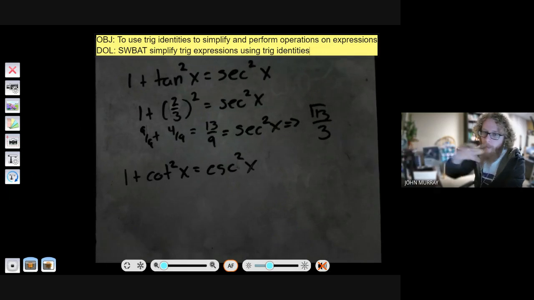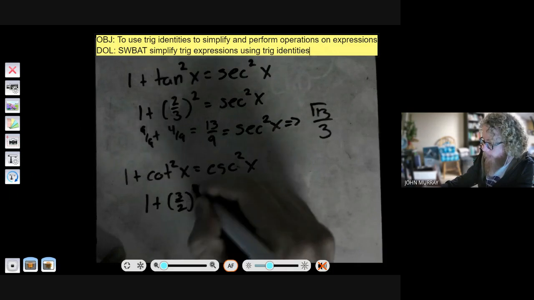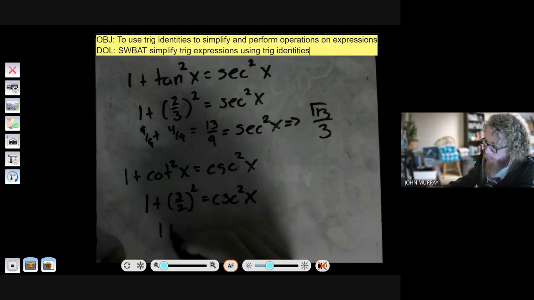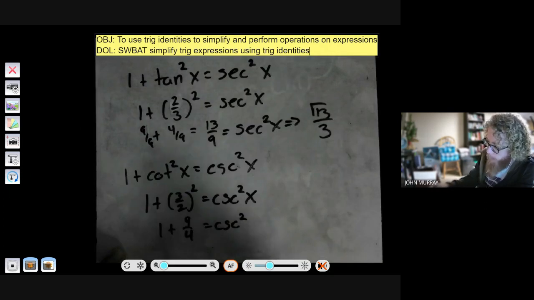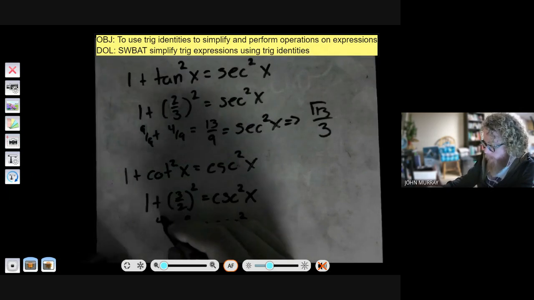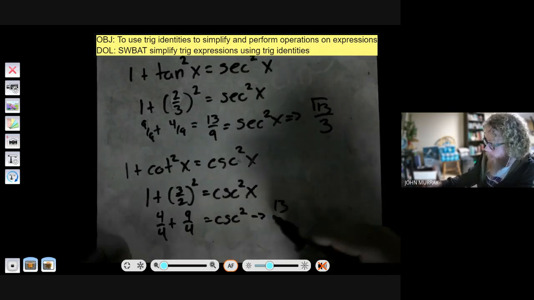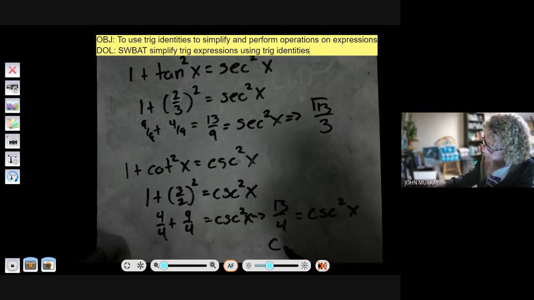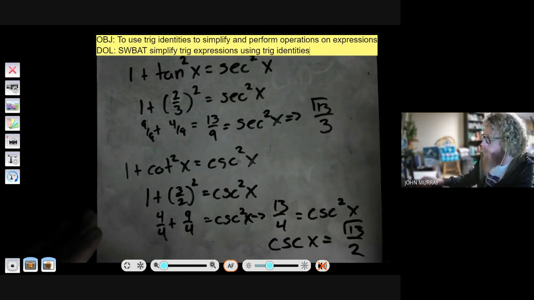Okay, anyway, cotangent we know from before is 3/2, right? So we have 1 plus 9/4 equals cosecant squared. Now again, we're going to get a 13, but now doing the common denominator, we get 13 over 4 equals cosecant squared. So regular cosecant is going to be root 13 over 2.